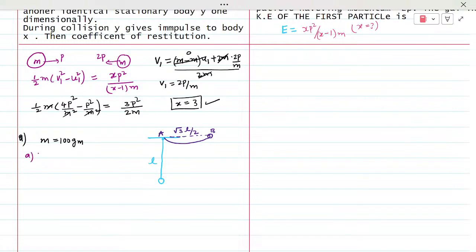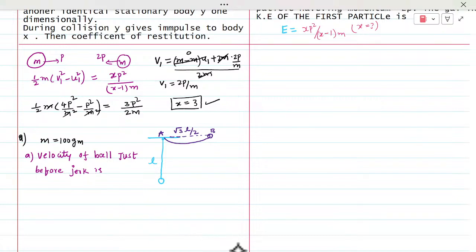First question: the velocity of the ball just before the jerk is. So the clue is given, just before the jerk.